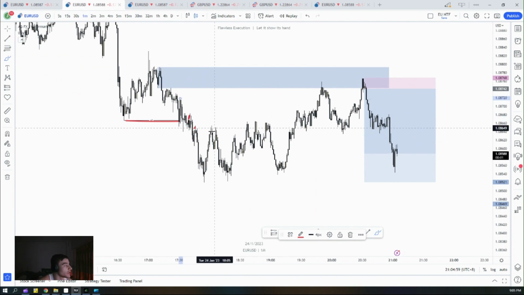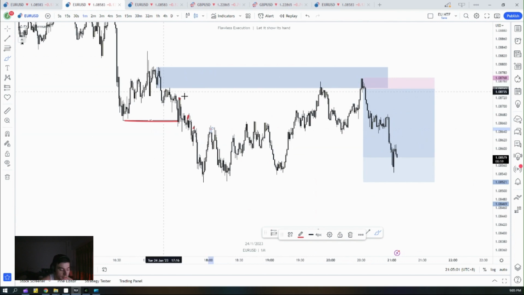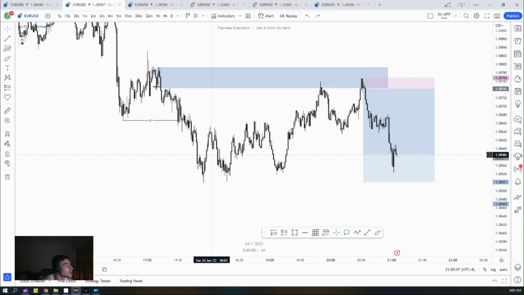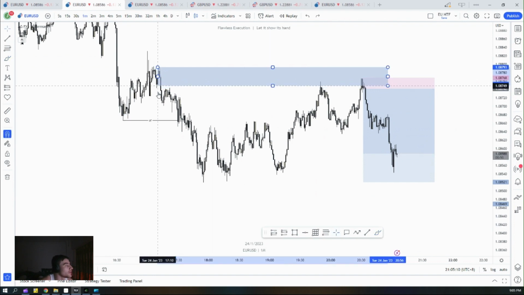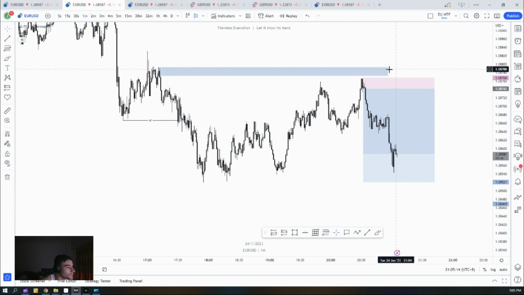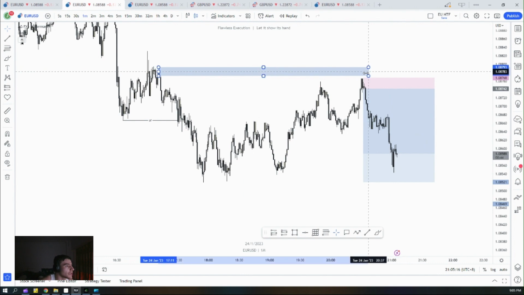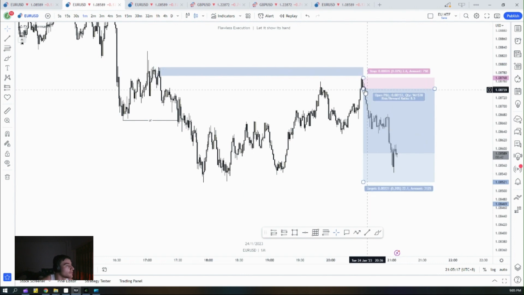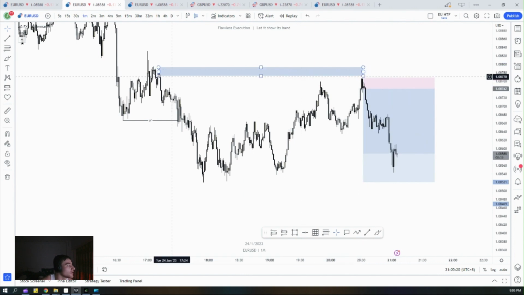This is all invalid. I want something either here or here. Now, the most appealing thing to me in this leg of price was this engulfed buy to sell, but we never hit this. So why did I click sell here? Well, because if you look at this whole range, that's our last engulfed range.